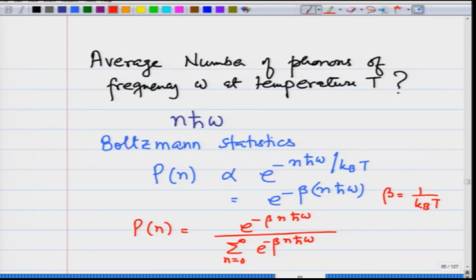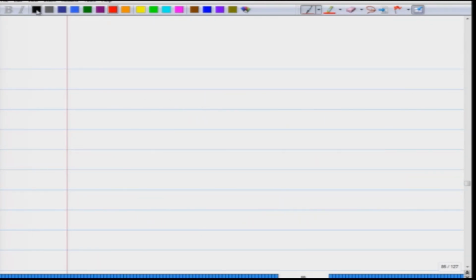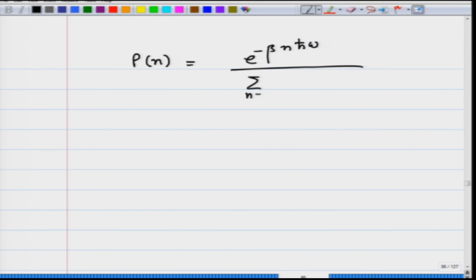This is the probability. So, we have written the probability of having n phonons is equal to e raised to minus beta n h cross omega divided by the summation over n equals 0 to infinity of e raised to minus beta n h cross omega.